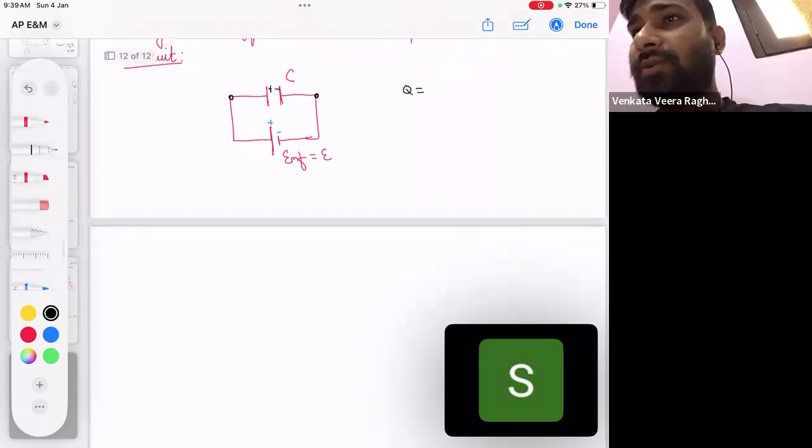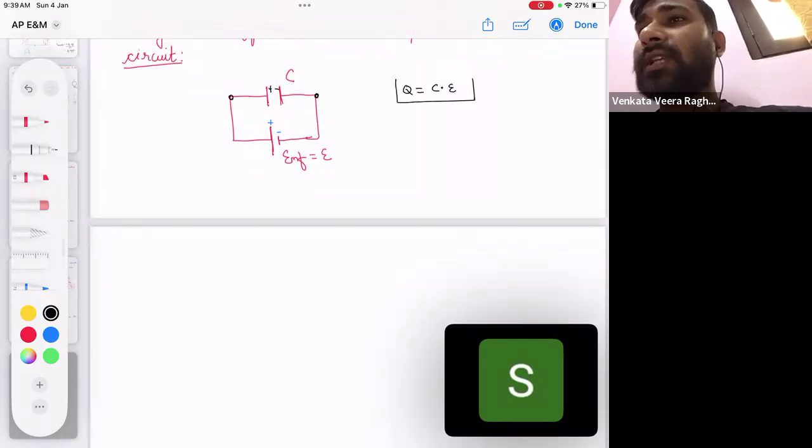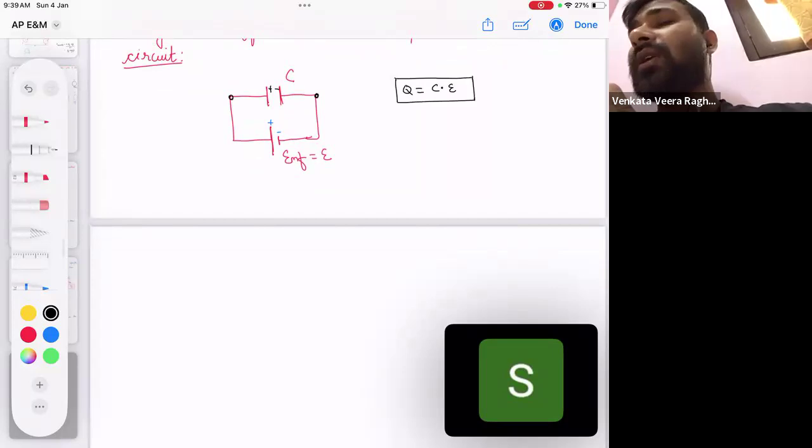Q equal to C into potential difference, isn't it? So Q equal to C into EMF of the battery. Q is the charge on the capacitor: capacitance into EMF.